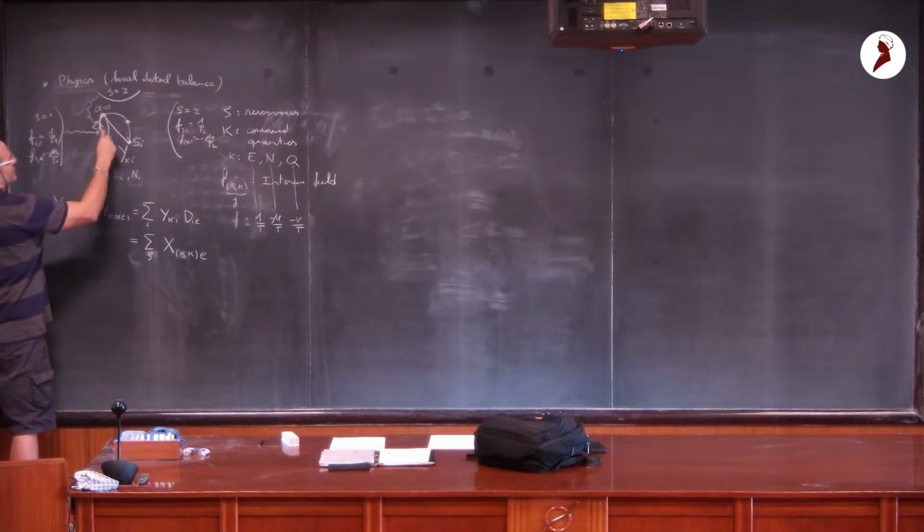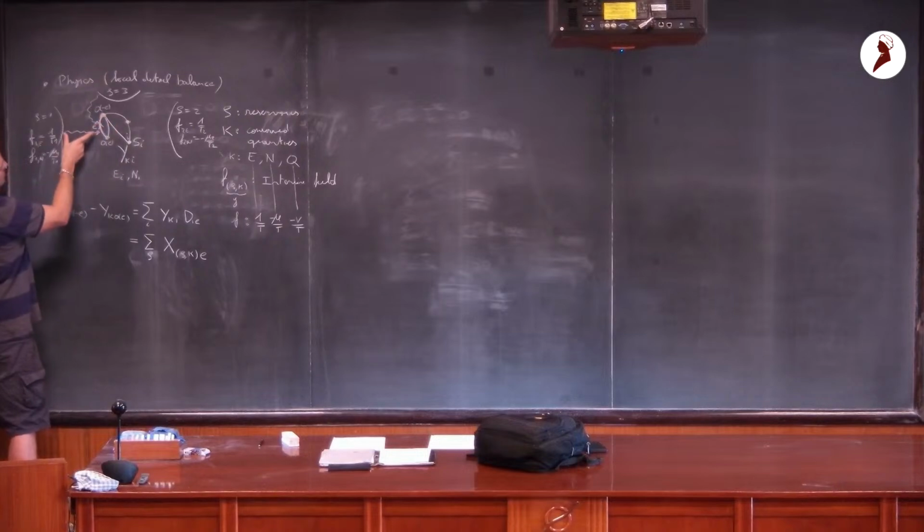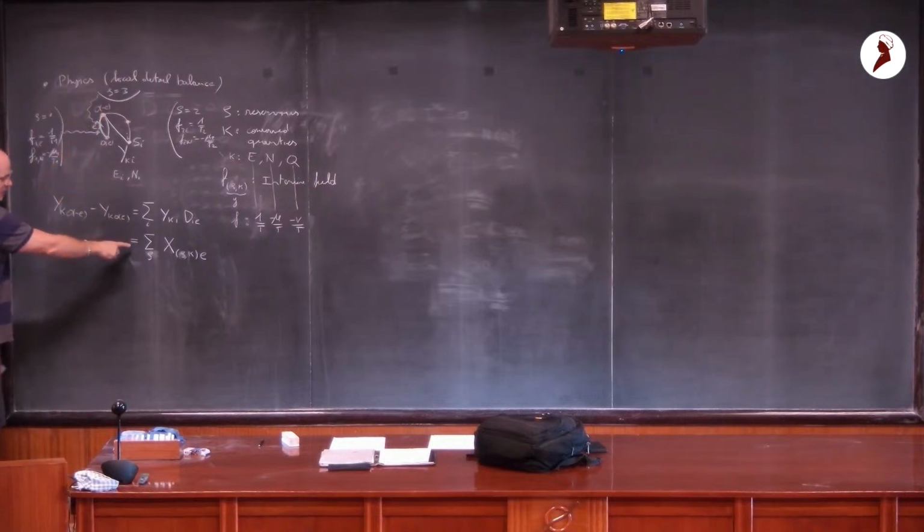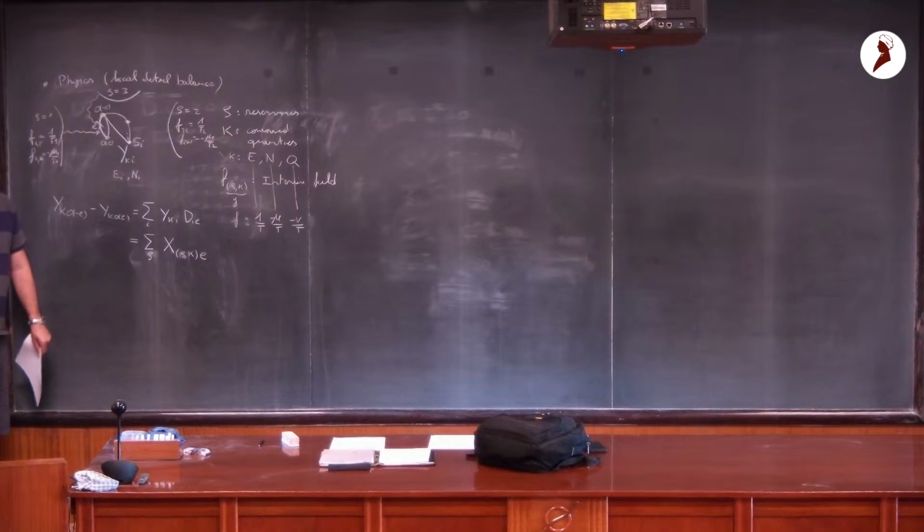So the change of energy here has to be equal to the amount of energy I took from this reservoir plus the amount of energy I took from this reservoir. This is what this equation is telling me. It's abstract, there's a lot of notation, but the ideas are pretty simple.